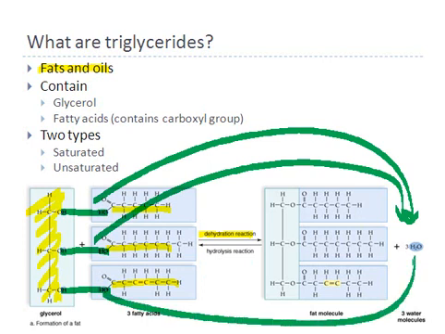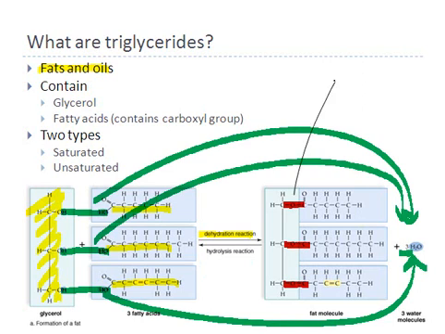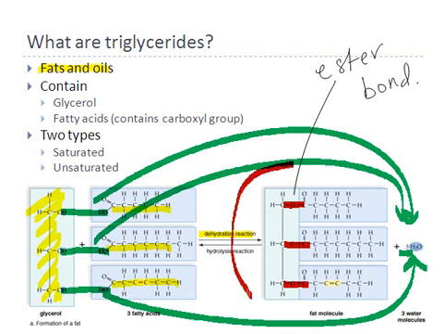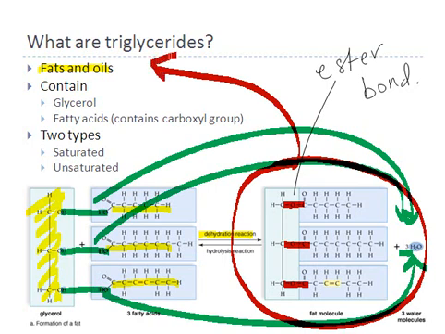So there are 3 of these. Notice there are 3 water molecules, and the bond that is created by this linkage is a new connection, and this is called the ester bond. The ester bond links the glycerol to the fatty acid together, and together this entire big complex molecule is either a fat or an oil. So you can see that fat molecules are pretty humongous.